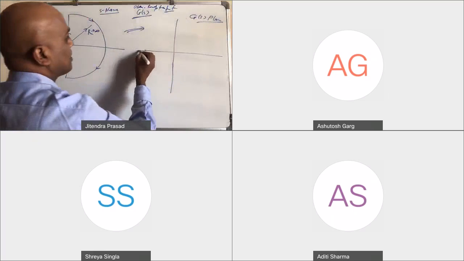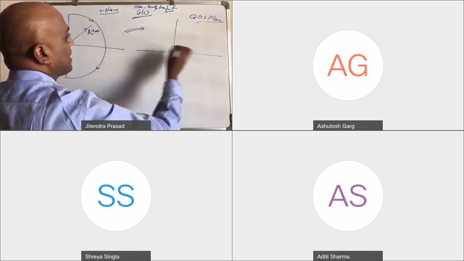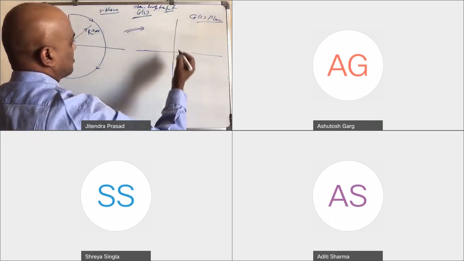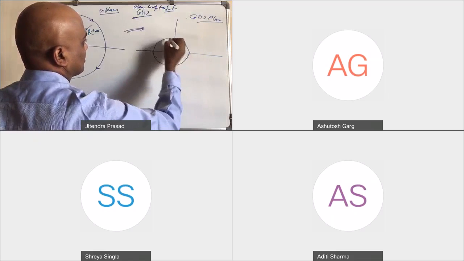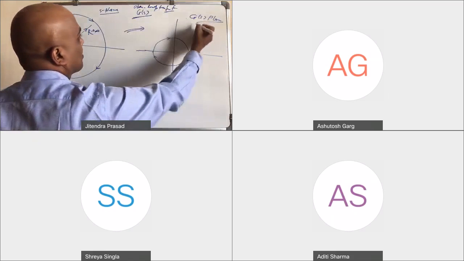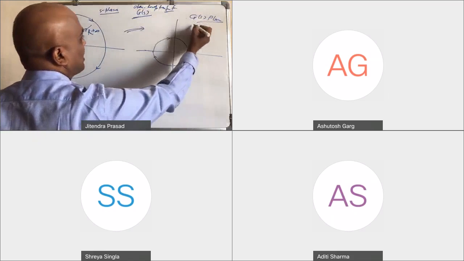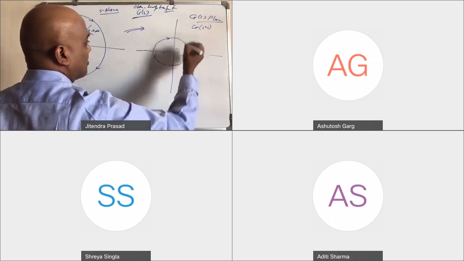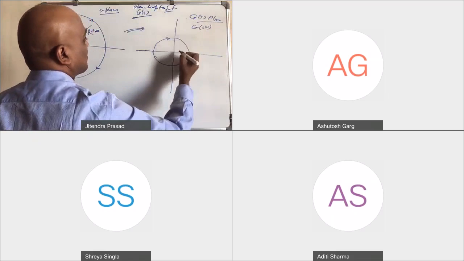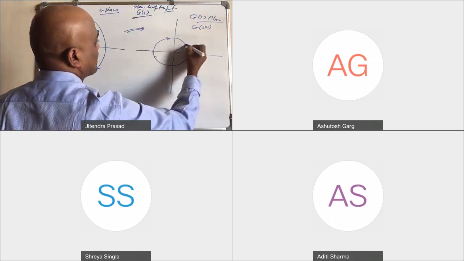Then you are going to plot some points. It goes like this. You are plotting G(i omega).